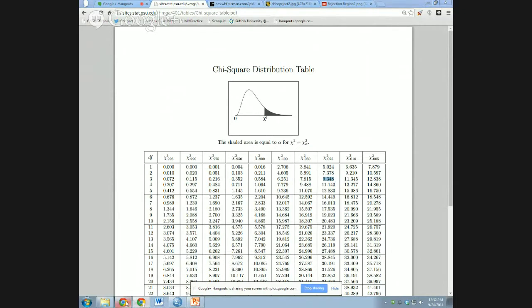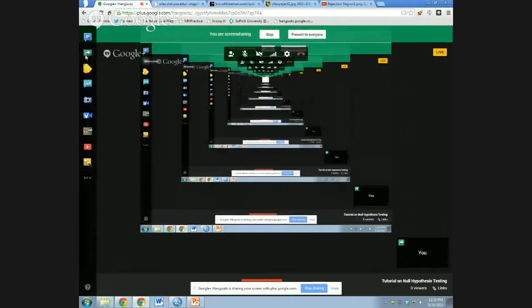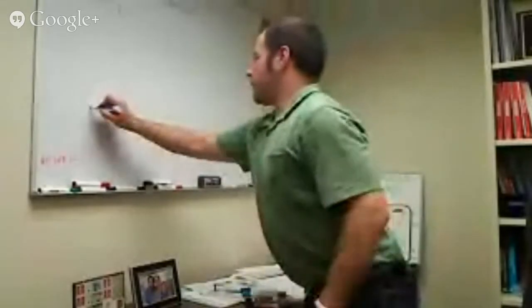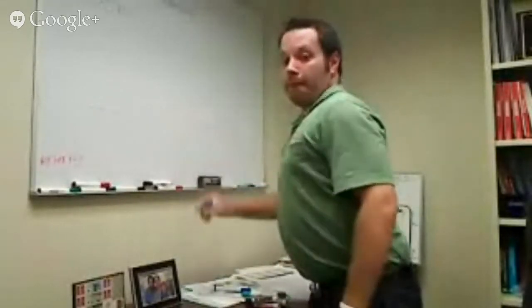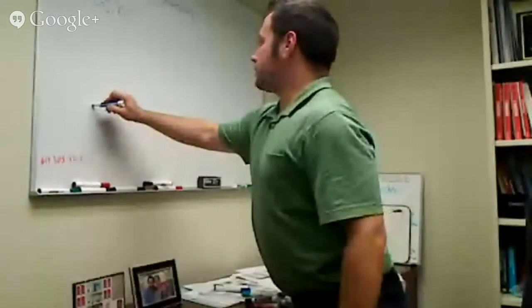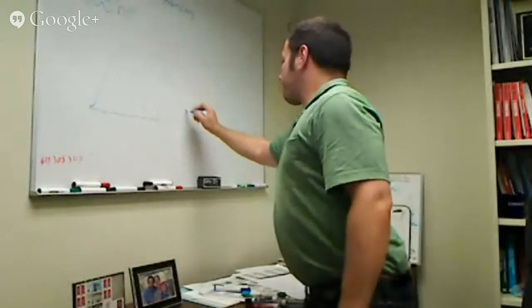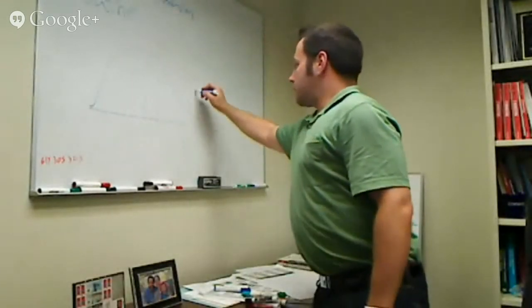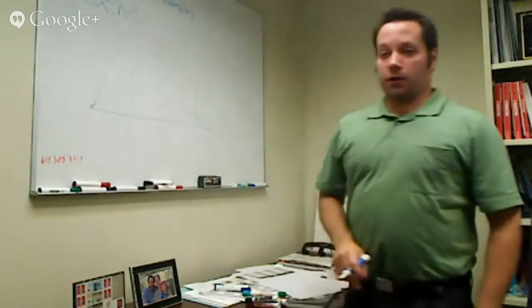So I'm going to switch over to the whiteboard for a second and try to draw one of these things. Let's see if this works. Okay, so we have a chi-squared distribution that looks like this. Here we have our critical value.